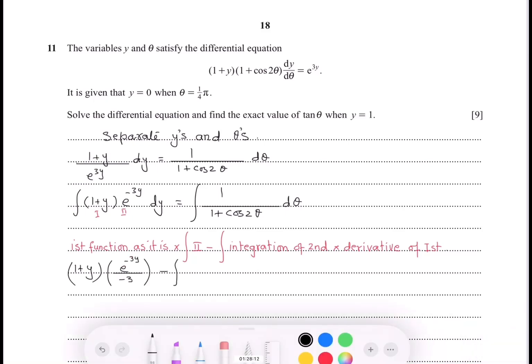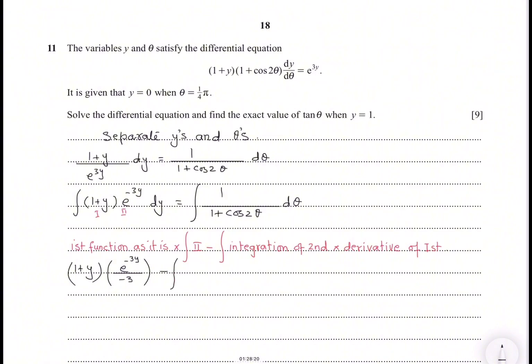minus integration of second, which is this, into derivative of first, which is 1. Now simplify this from here. I am not solving the other part. I will solve it later on.